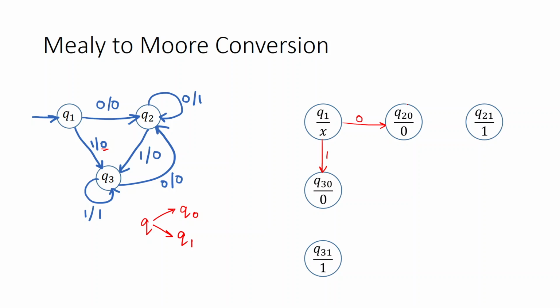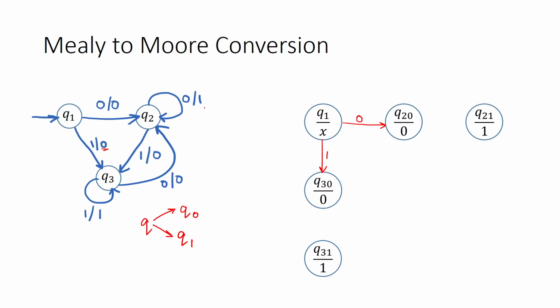So when you have asked the question that from Q2 0, if I have given the input 0, where I would go, you have to look at the Mealy diagram and see that when you are at Q2 and you have given 0, where you are going. So when you are at Q2 and had given 0, you are coming back to Q2 generating an output of 1.